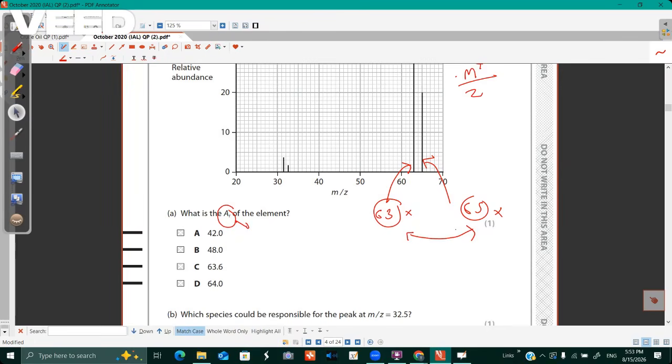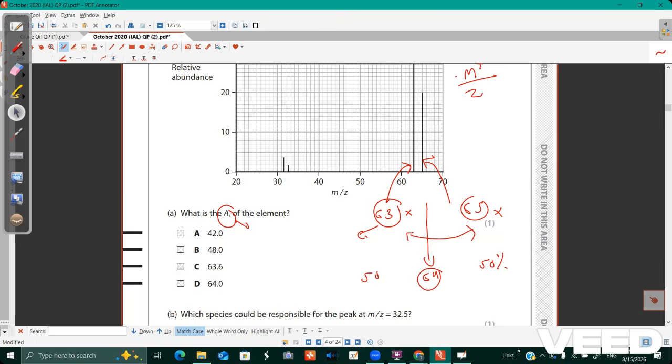So it cannot be a value more than 65 or less than 63. And if it is a 50-50 sample, the average value is exactly half, 64. With the relative abundance of 50-50, it is 64.